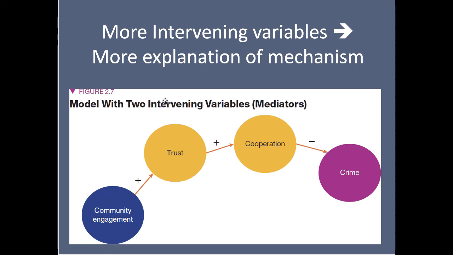Less community engagement, less trust, less cooperation, more crime. We're going to spend a lot more time on mechanisms and how to dig a lot deeper than this example, but in this video, we're mostly focused on giving you the tools themselves.